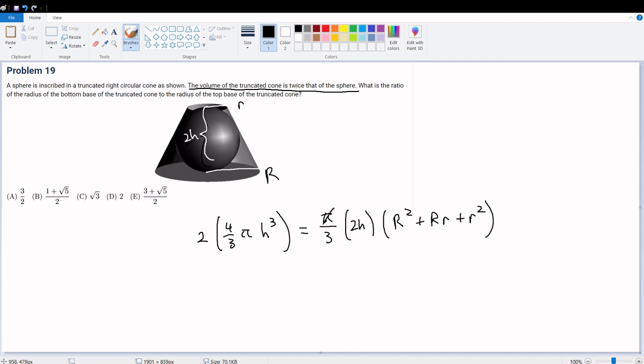We have the pi over 3, we have an h that cancels out so this becomes h squared, and we have a 2 that cancels out. So if we write everything else down, we get 4h squared is equal to big R squared plus big R little r plus little r squared. Cool. So now we have some relationship between the height of the sphere and the radii of the truncated cone.